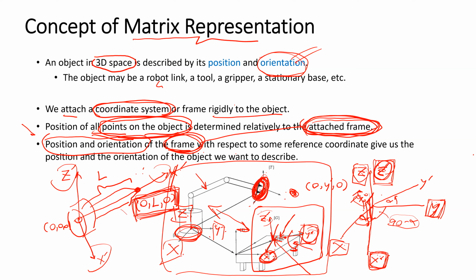And we need to relate it to the link formation so that we can get the global position of an object. Also, maybe if the robot tip has a force sensor and the force sensor touches some object, we can only measure the force in the XYZ direction of the force sensor. In order to relate the force to the global direction, we need to use this mathematical tool.